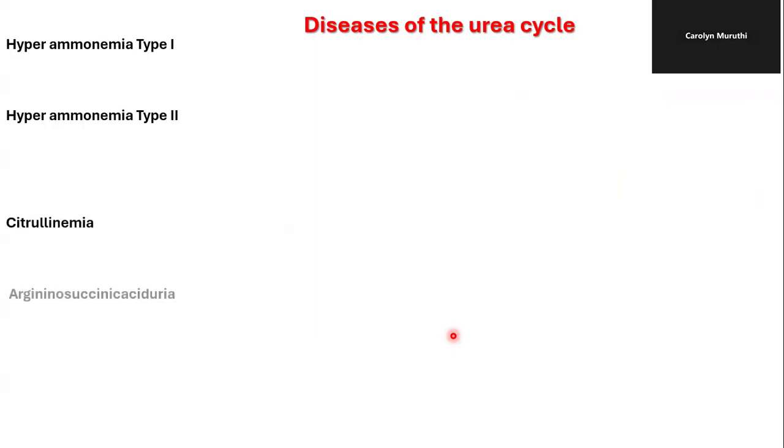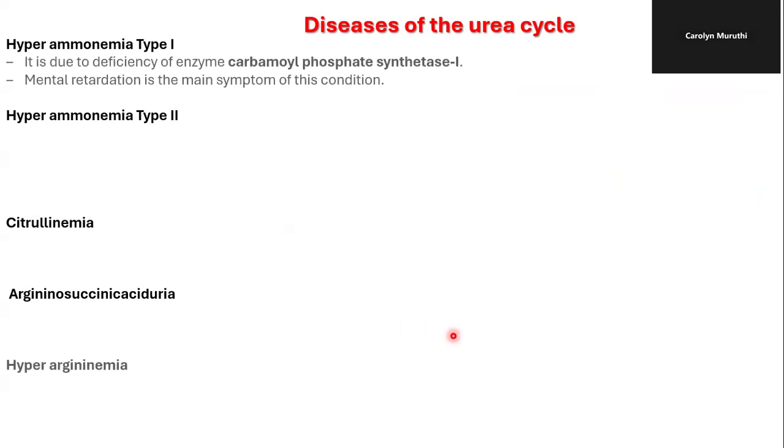Let's look at the diseases that are associated with the urea cycle. We have hyperammonemia type 1, type 2, citrullinemia, argininosuccinic aciduria, and hyperargininemia. So hyperammonemia type 1 is due to the deficiency of carbamoyl phosphate synthetase 1, which will result in mental retardation.